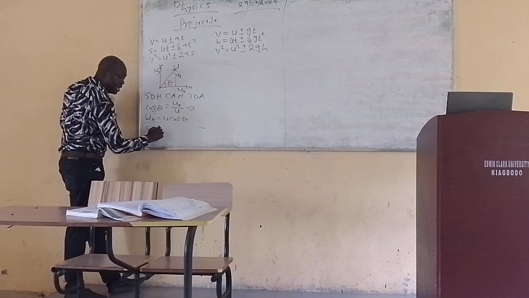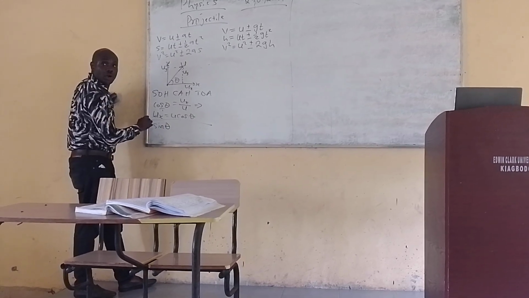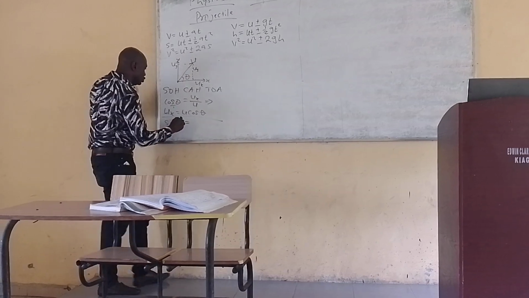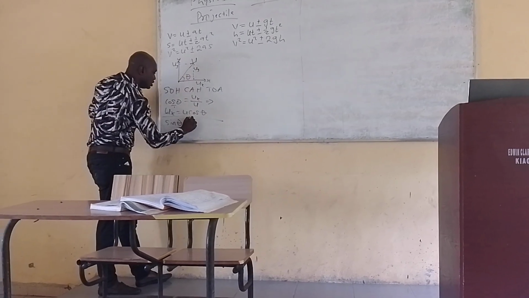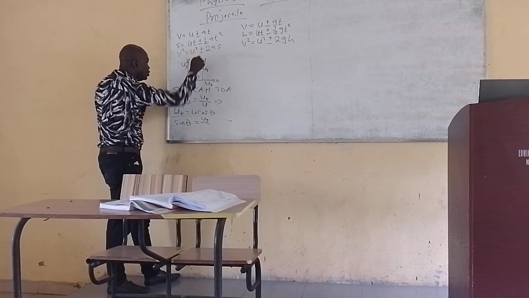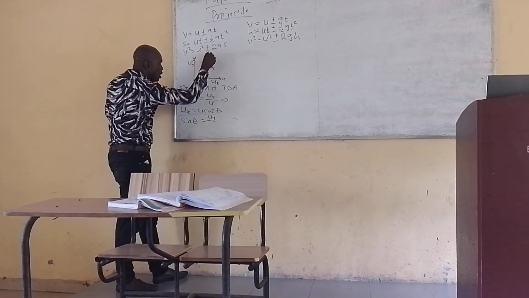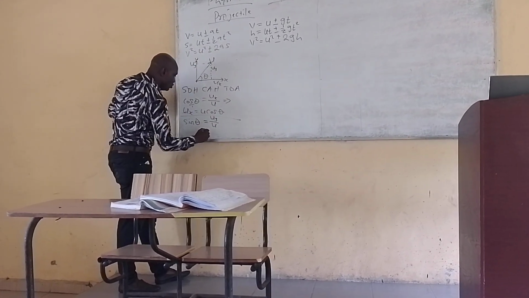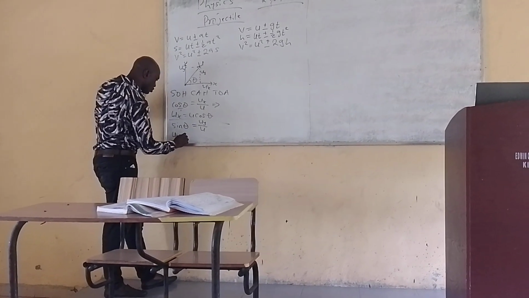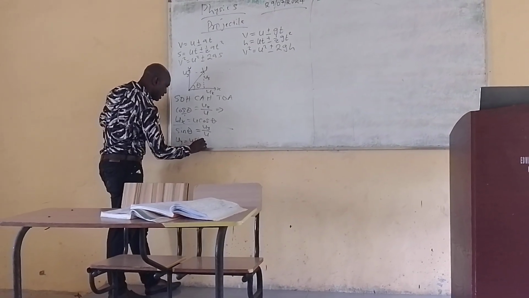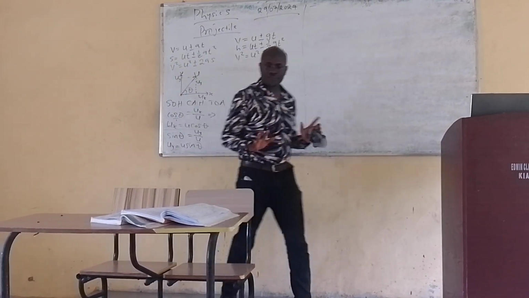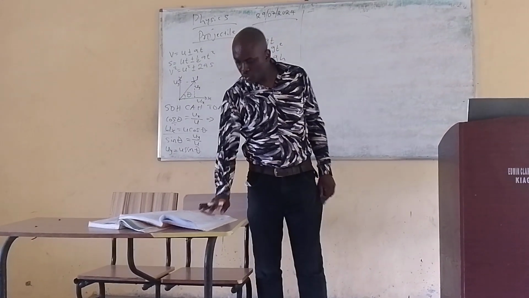Sine theta, I hope you are seeing the board, right? Okay, alright. Sine theta is equals to opposite, which is UY, all over hypotenuse, which is U. Then making the subject, you now have UY to be equals to what? U sine theta. Okay?